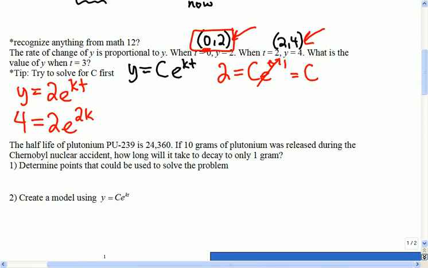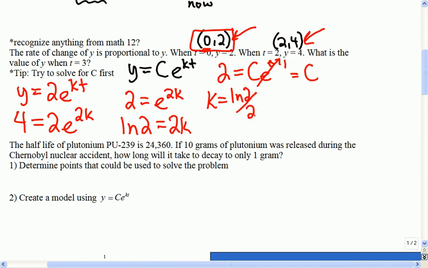So I would get 2 equals e to the 2k, or the natural log of 2 equals 2k, and k would be natural log 2 over 2.